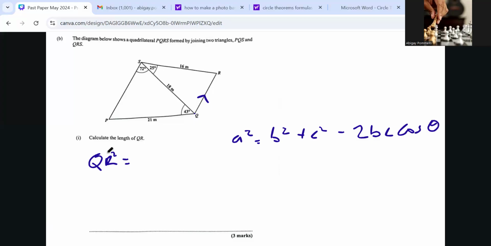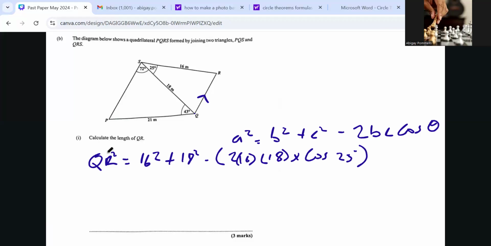So 16 squared plus 18 squared minus 2 times 16 times 18 times cos 25.